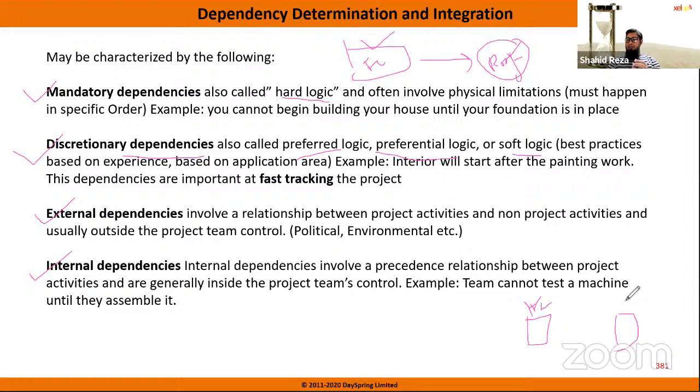This application team cannot start installing their operating system or apps unless your hardware installation team completes the installation. Both are your teams, but you have to depend on your other team's completion to start this work. That is known as internal dependency.